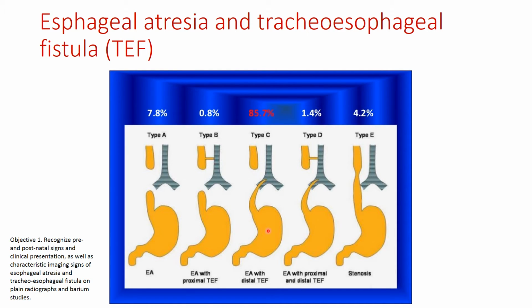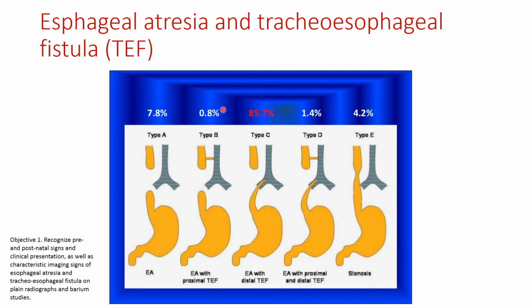In fact, it'll be more distended than if the baby was just swallowing air in a normal esophagus, because you're constantly having that breathing going on. And so you'll get an air distended stomach, but if you try to pass a nasogastric tube, it will not pass farther than the end of this pouch.